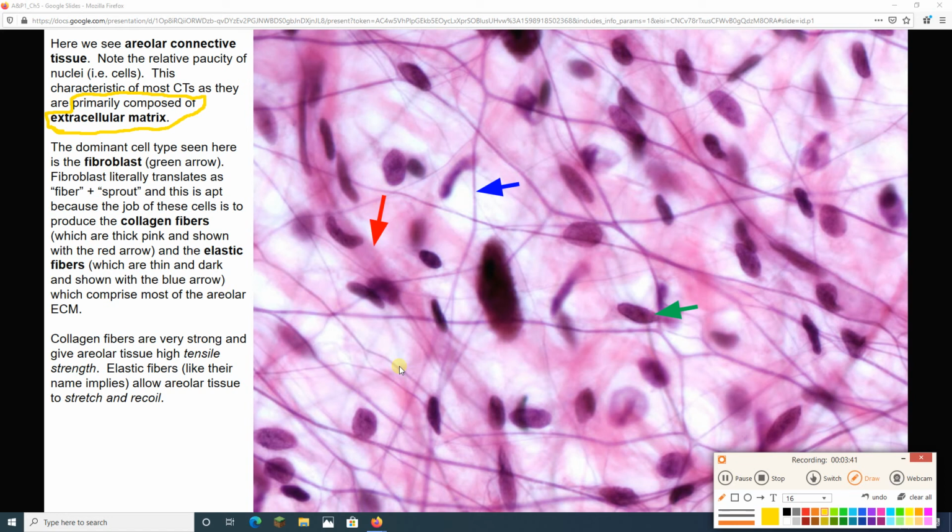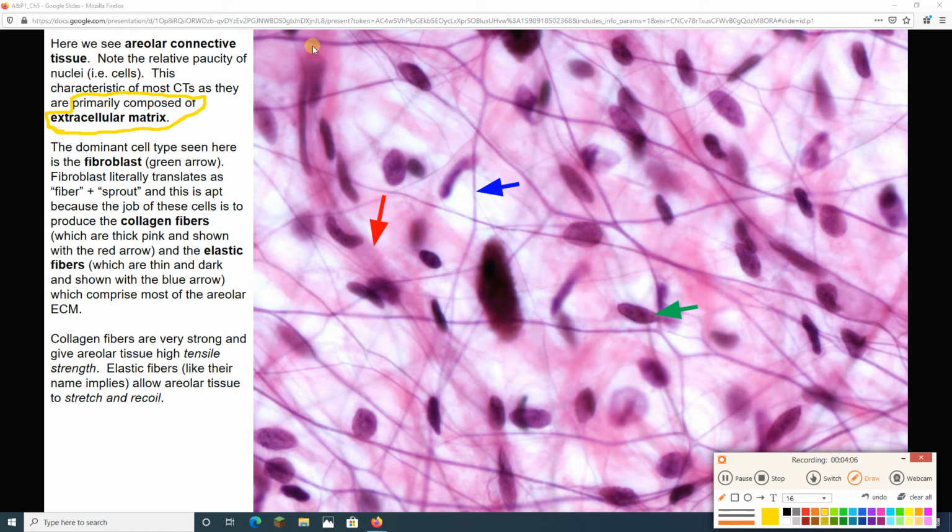They stretch and they recoil. They are part of the matrix. Cells are not as strong and supportive as fibers can be. So to make this connective tissue supportive and strong, we have a lot of fibers, like these elastic fibers, which are the skinnier ones.